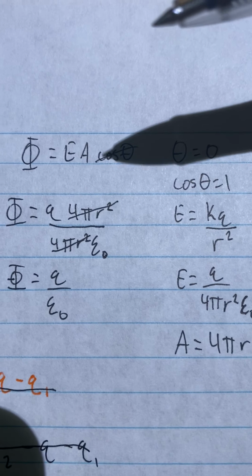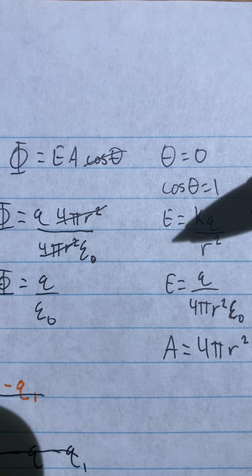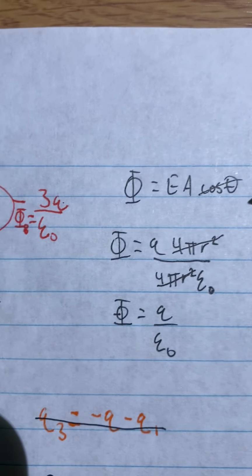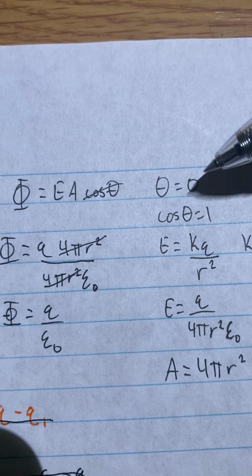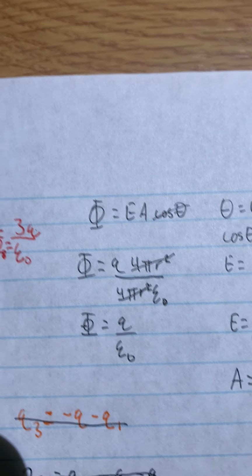So that we can use as the value for A. And since the point charge is on the same plane as the surface, theta is going to be 0. The cosine of 0 is just 1, so we can just ignore that.